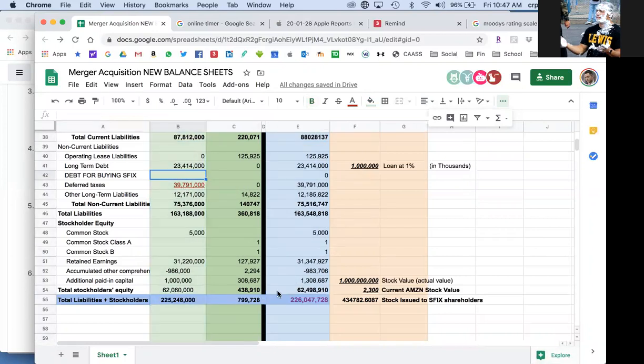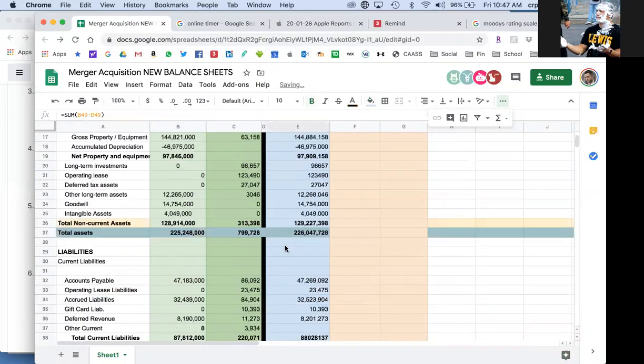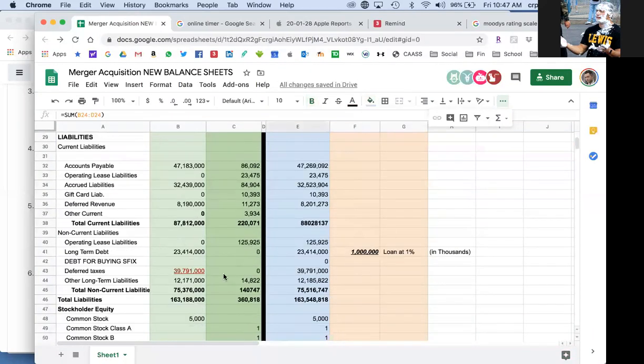Now, what is extremely important to note when you're doing this is that yesterday we were looking at how Yahoo Finance, for lack of a better way to put it, sucks for the balance sheet.